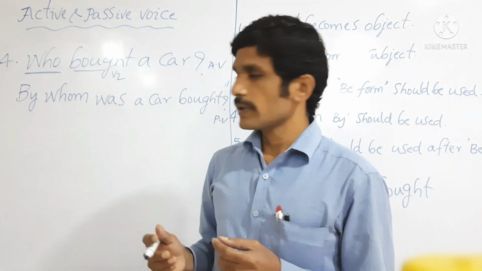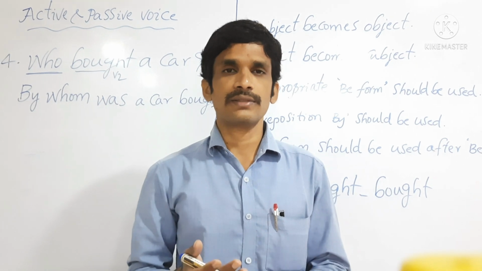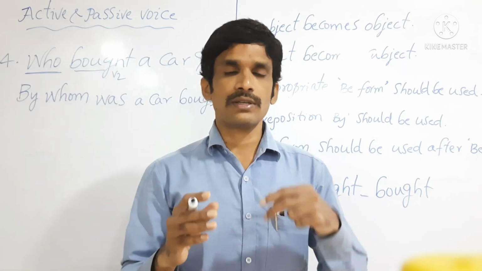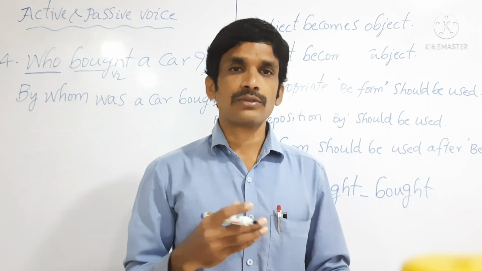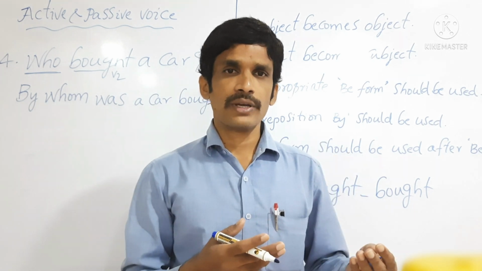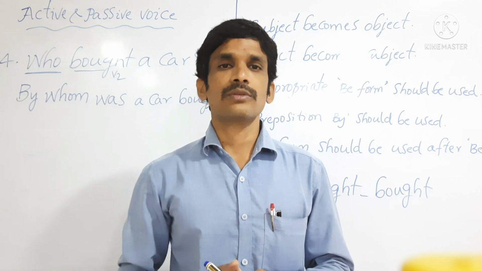So in this way, step by step, first you have to begin with the tenses. You have to identify whether it is present tense, past tense, future tense, present continuous, past continuous, future continuous, present perfect, past perfect or future perfect.